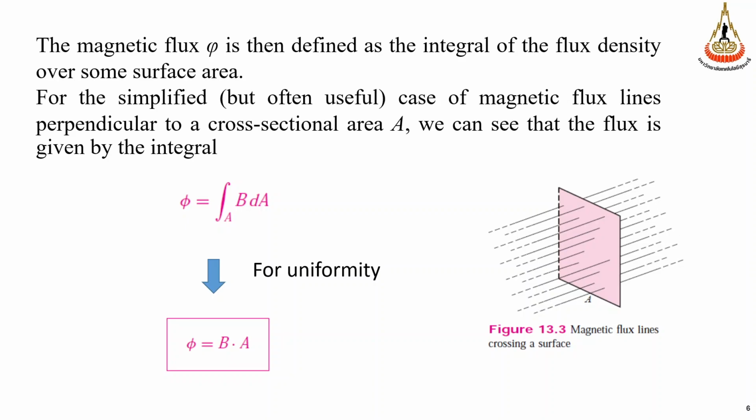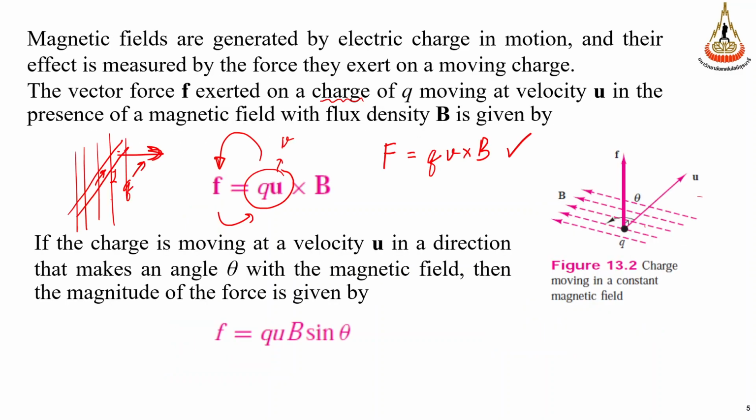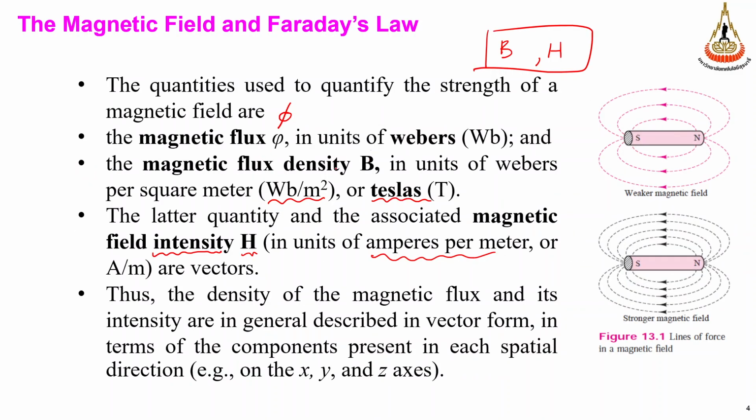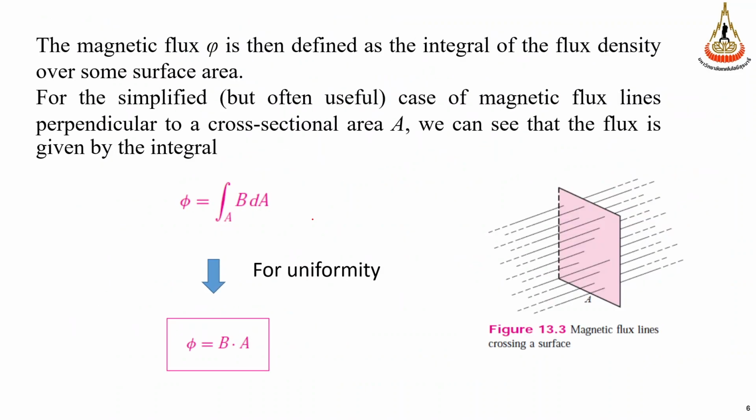And we can calculate magnetic flux, right? If we know B, which is Weber per square meter, the flux density, and then we can calculate the total flux by integrating over the area, right? We know the density and we know the area.